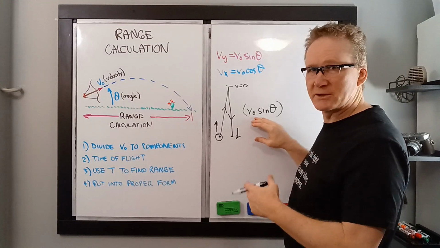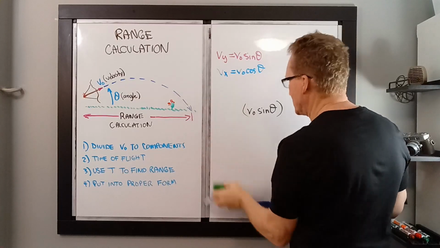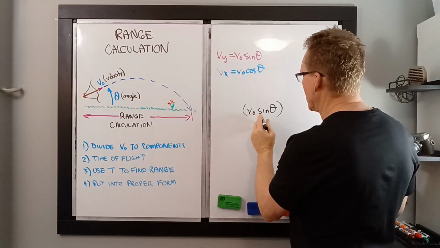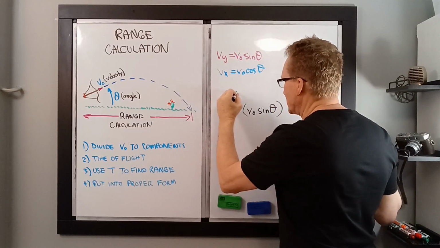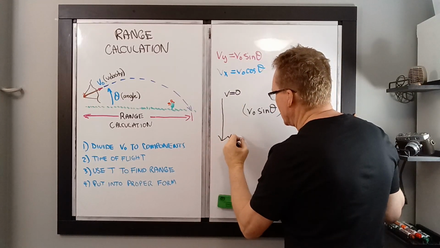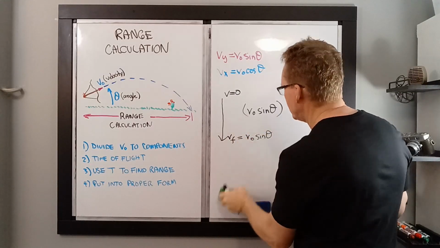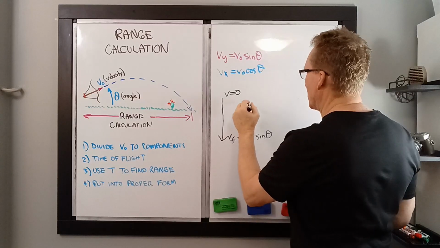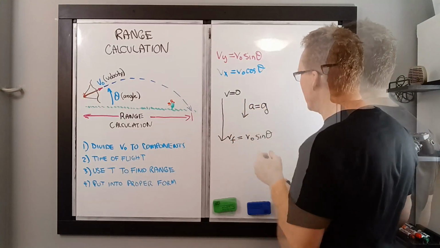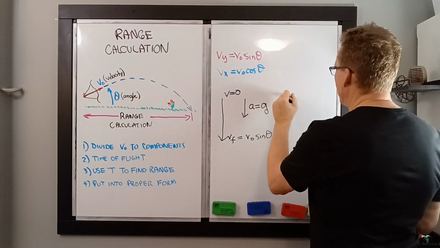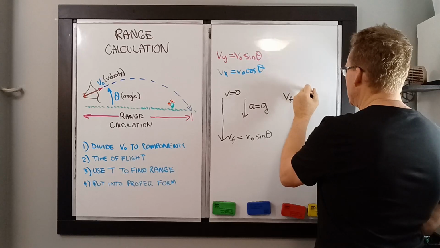So we're going to use that here to help make this calculation really easy. Let's say that it hits the ground with this velocity, v0 sine theta. Now, if it starts at the top, it has an initial velocity of 0 and a final velocity of v0 sine theta. And what forces are acting on it? The only force acting on it is gravity. The acceleration is equal to gravity. If you remember our simple equation, the final velocity equals the initial velocity plus the acceleration times time.